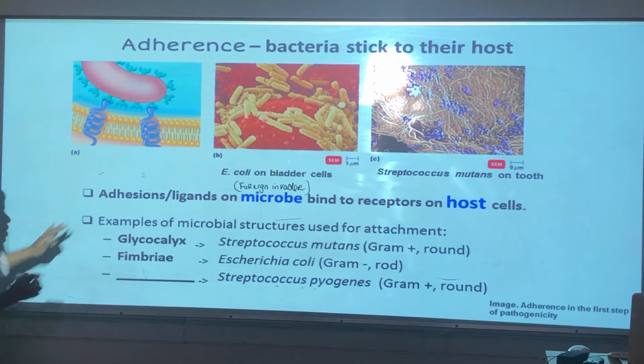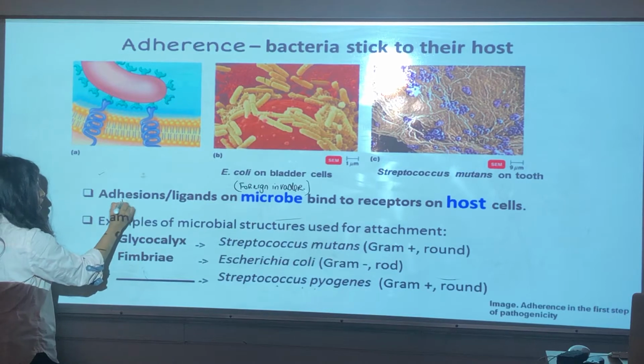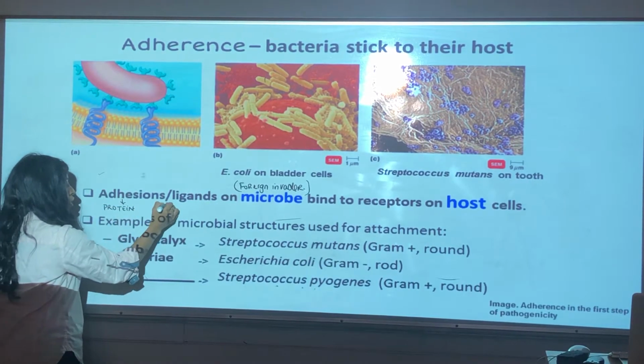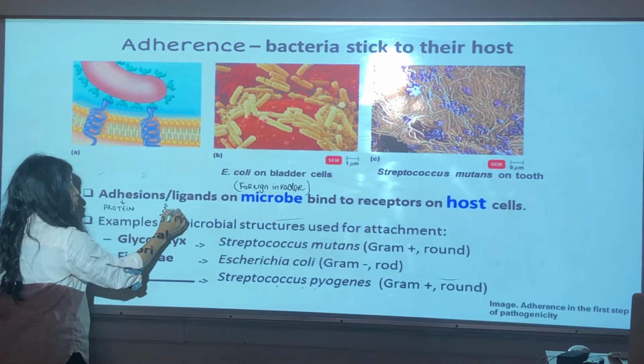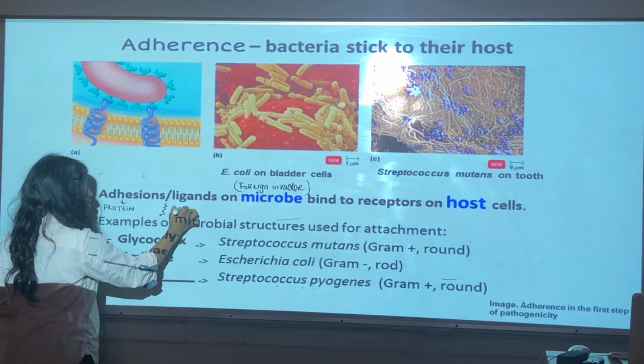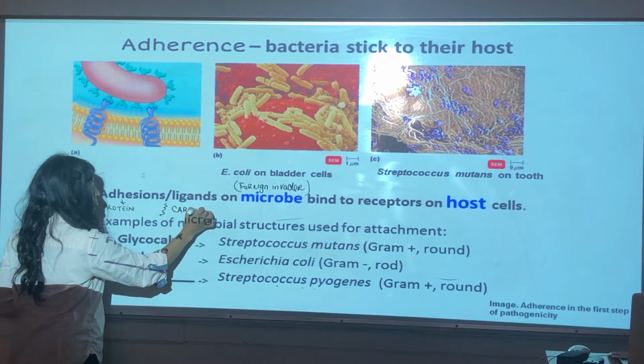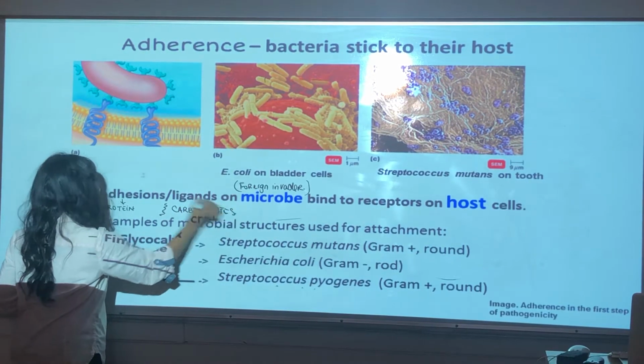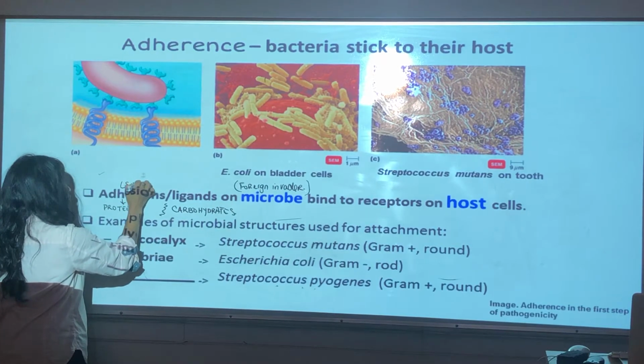The adhesins are usually going to be made mostly of protein, whereas ligands are mostly going to be made of carbohydrates. They are found on the surface of the microbe, so they are surface molecules.